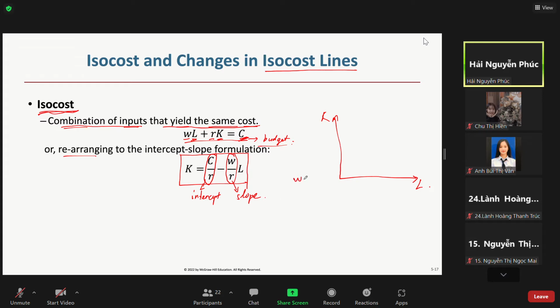If W and R are positive, you can see that the isocost line is downward sloping, because here we have the negative sign.